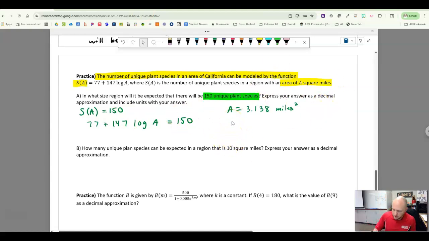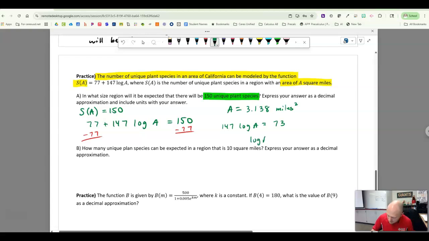Just note too that you could have done this algebraically. You could have subtracted 77, and then you get 147 log of A is equal to 73. And then you can go ahead and divide.